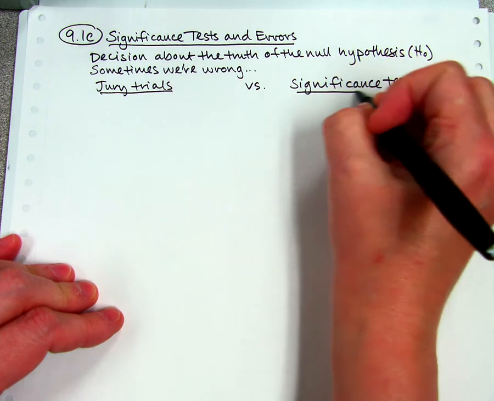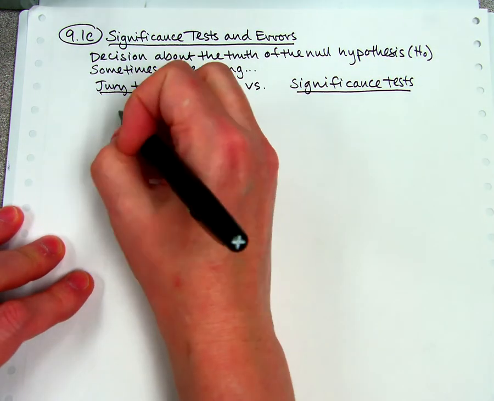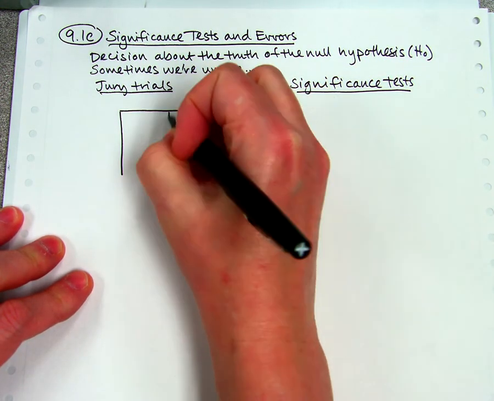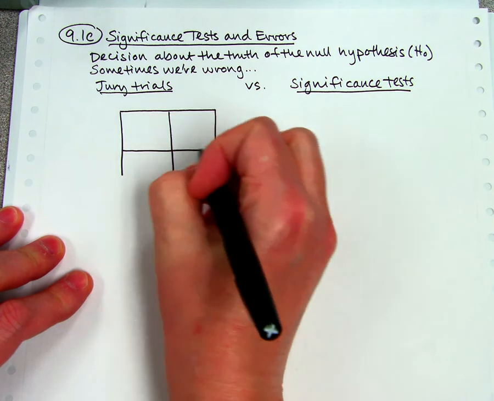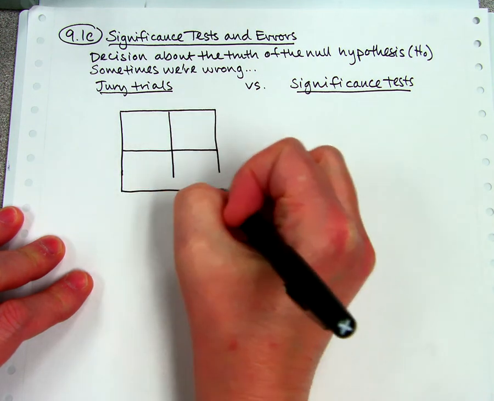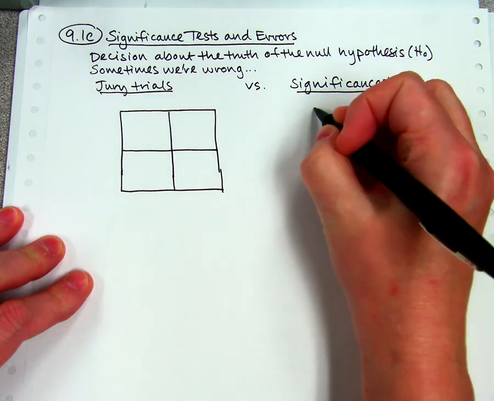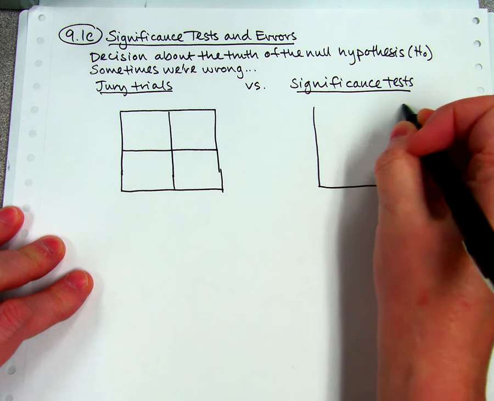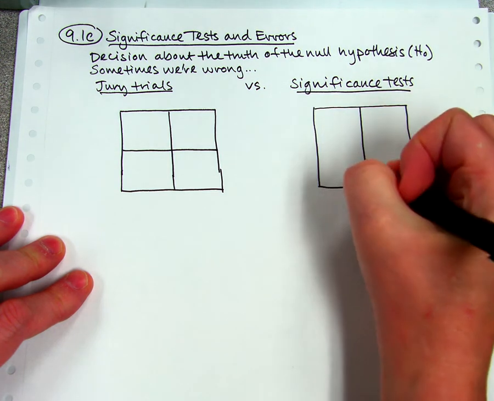We're going to make a table for each one, so we're going to leave some room to write in this table. There are 4 options, and we need a little bit of space for each one. And then we're going to do the same 4 options over here and compare and contrast.